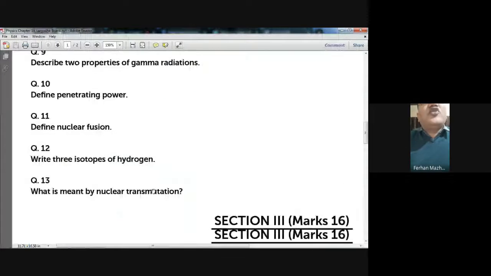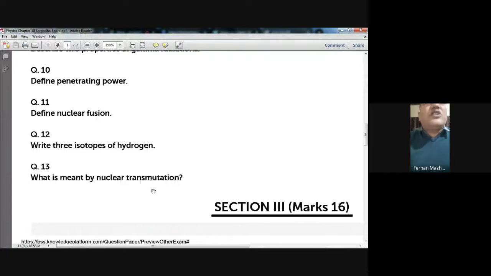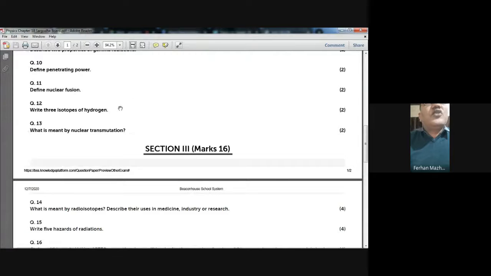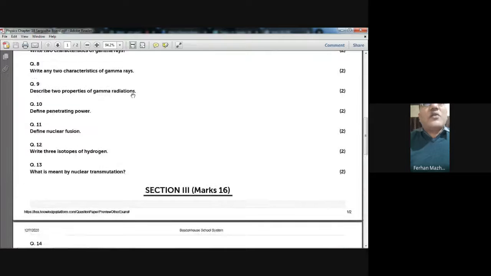Write 3 isotopes of hydrogen. It's a 2-mark question. Okay? He says write 3 isotopes of hydrogen.